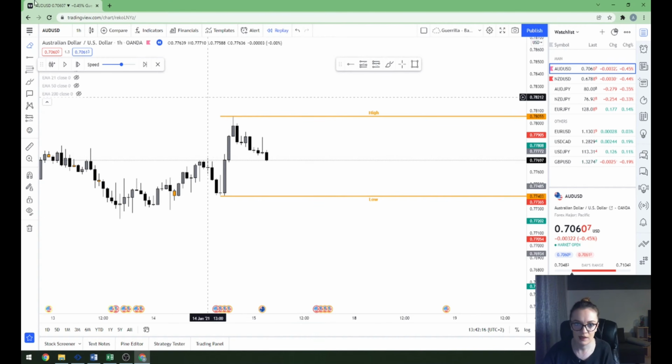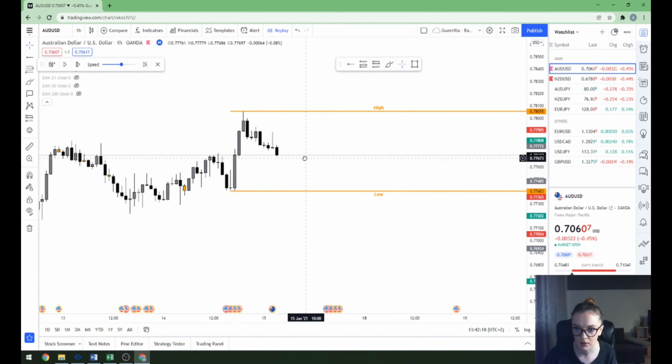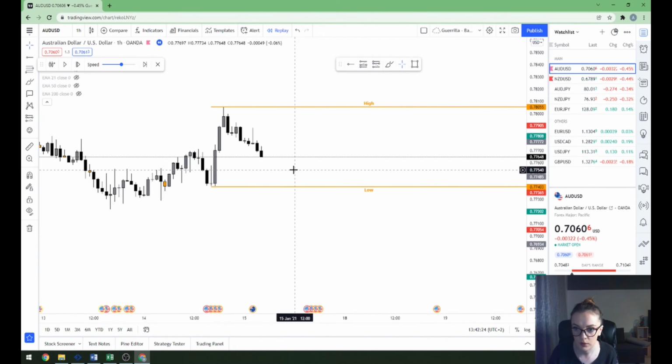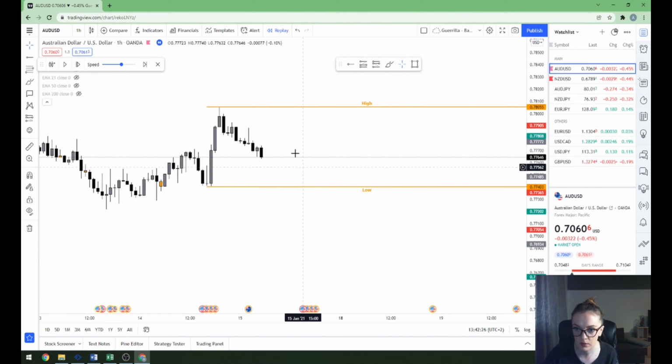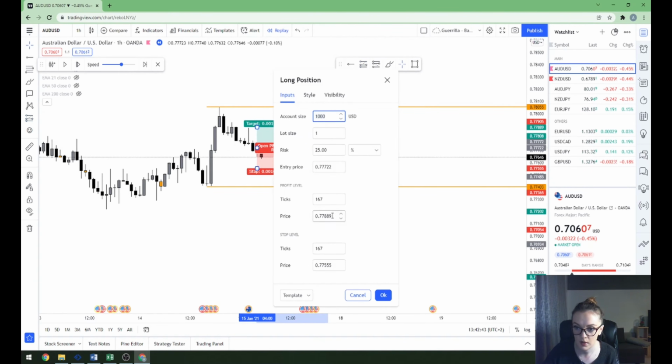I don't really like this bull flag because it's kind of too wide. But let's see what it will offer us. So at this candle, we had to enter because this is the counter trend candle that we needed, the candle that is in our trend. So here we place a long position at the end of this candle.